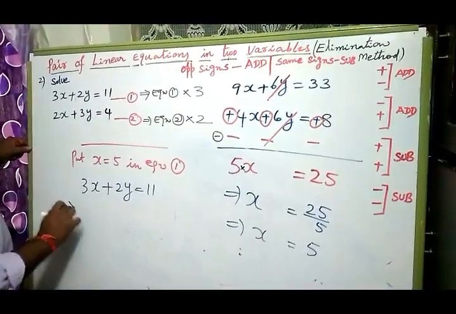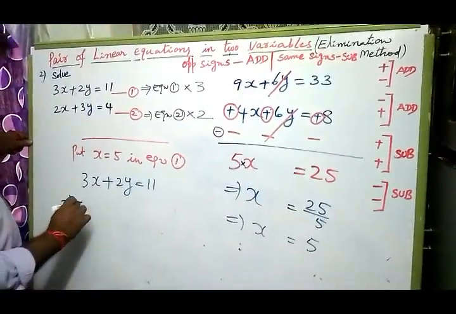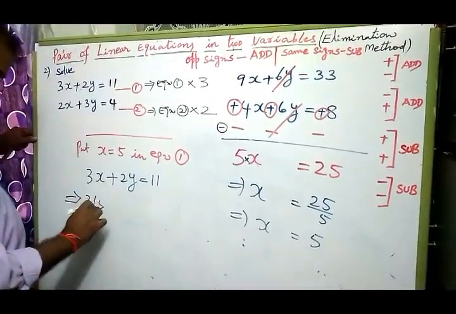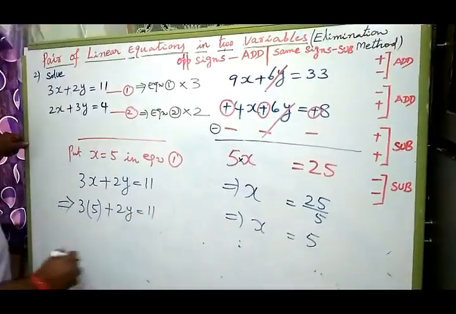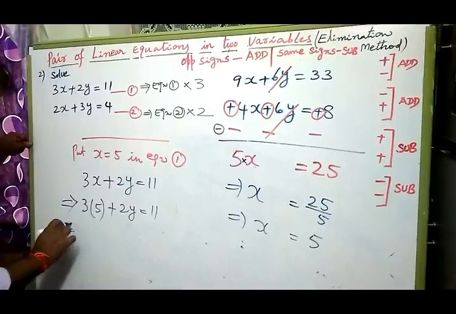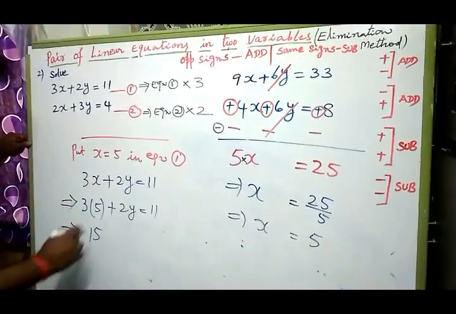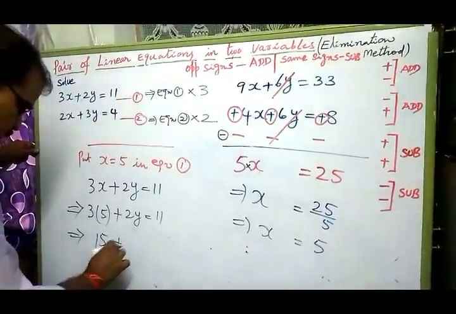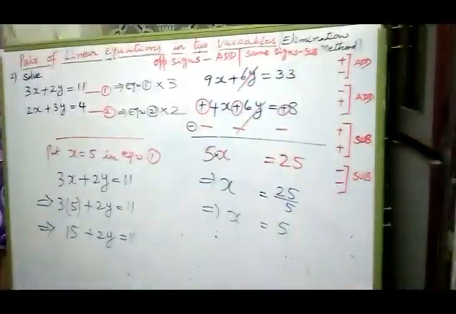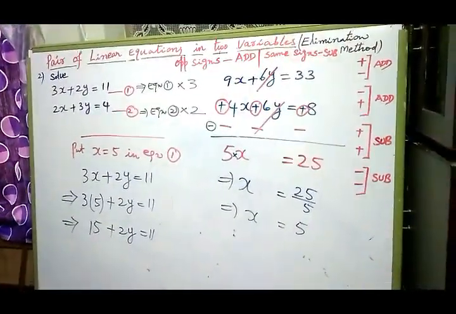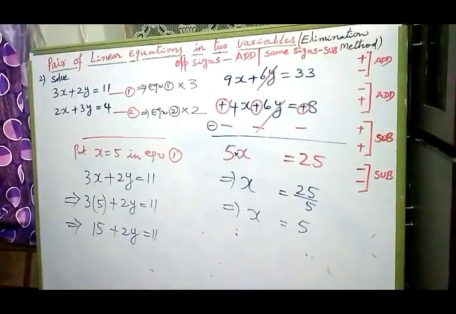With x value 5, 3 into 5 plus 2y is equal to 11. That implies 3 fives are 15, so 15 plus 2y is equal to 11.